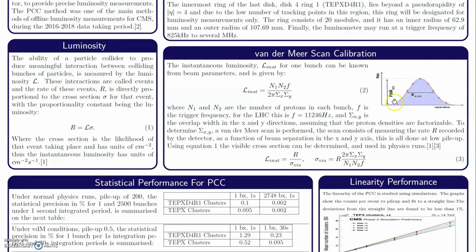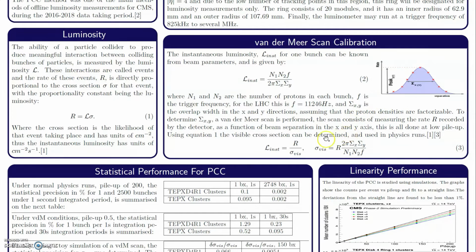This is all done at a low pileup, which means that we have a low interaction rate per bunch. So using equation 1 and equation 2, we can solve for sigma visible, and we will have the expression to calculate it.